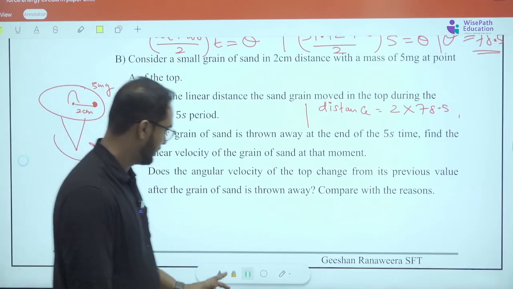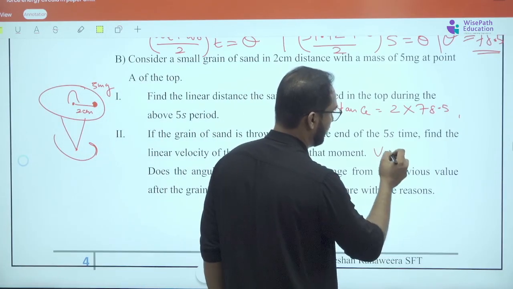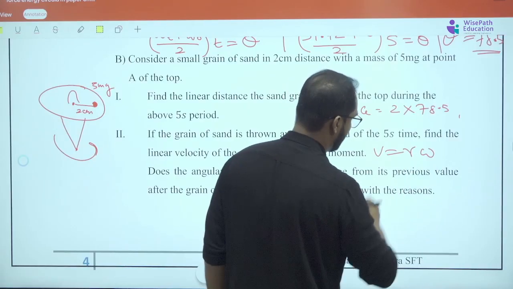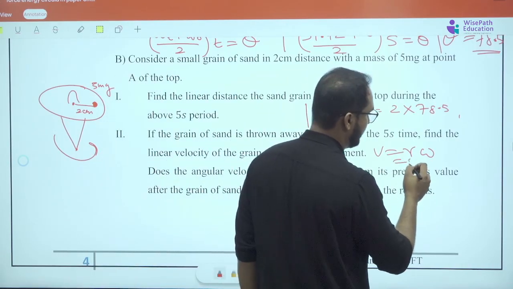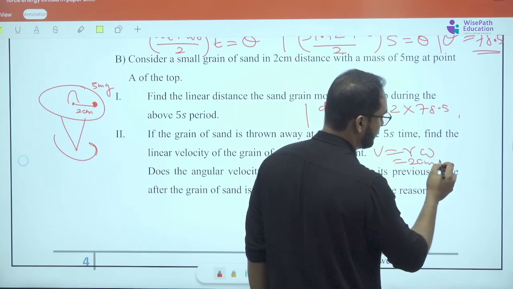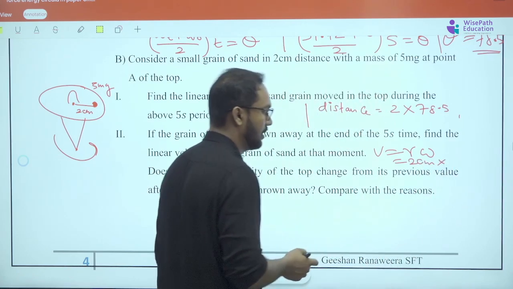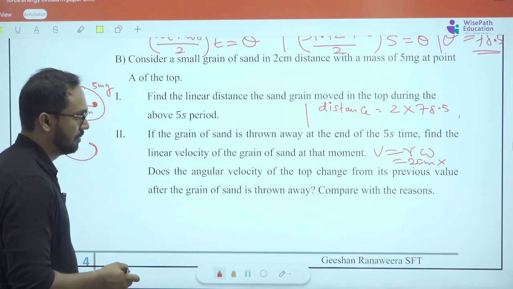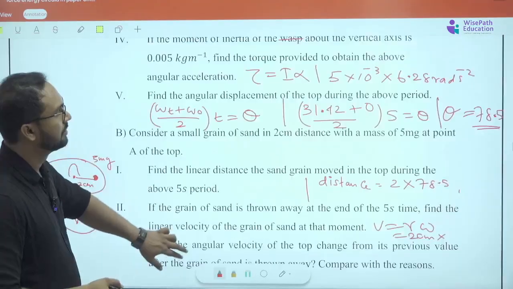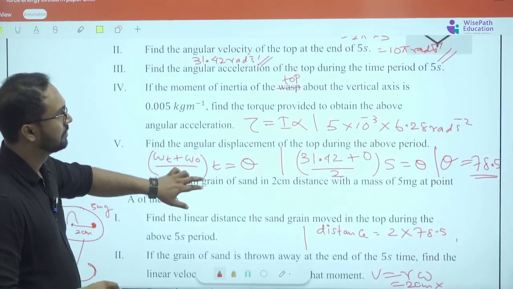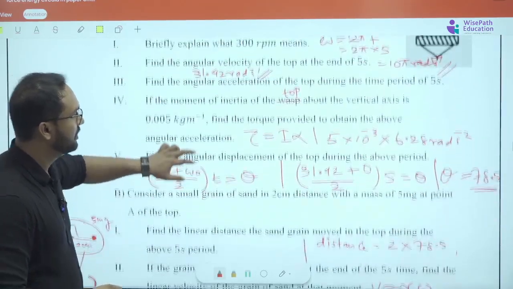So r is 2 centimeters and the omega is 31.42.